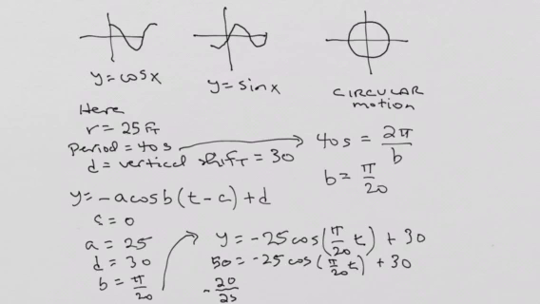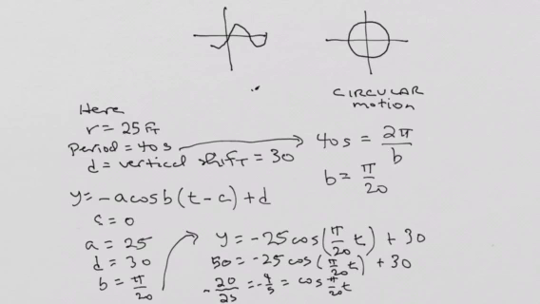So that's negative 20 over 25, which is equal to negative 4/5, equals cosine of pi over 20 t. I'm going to go ahead and erase some of the stuff up at the top so I have more room to work.